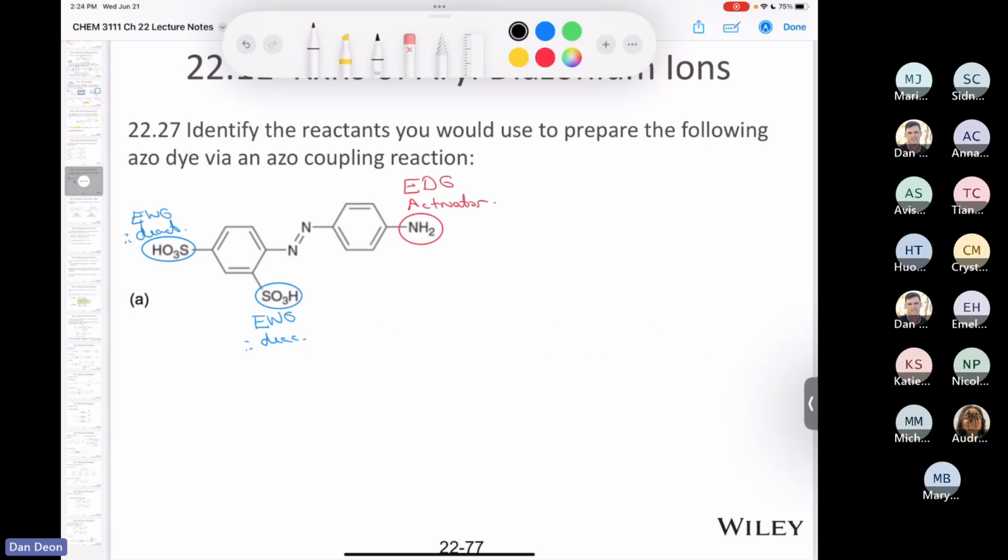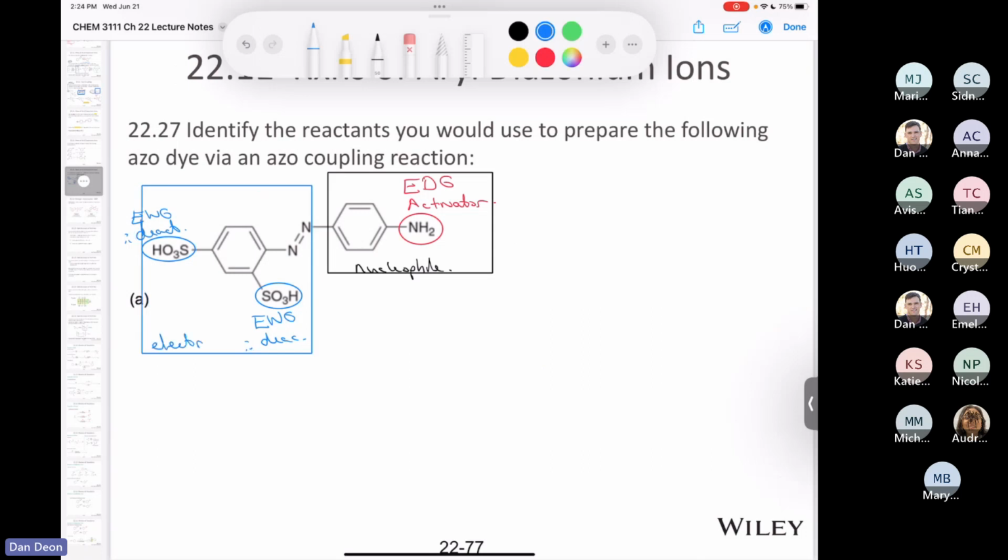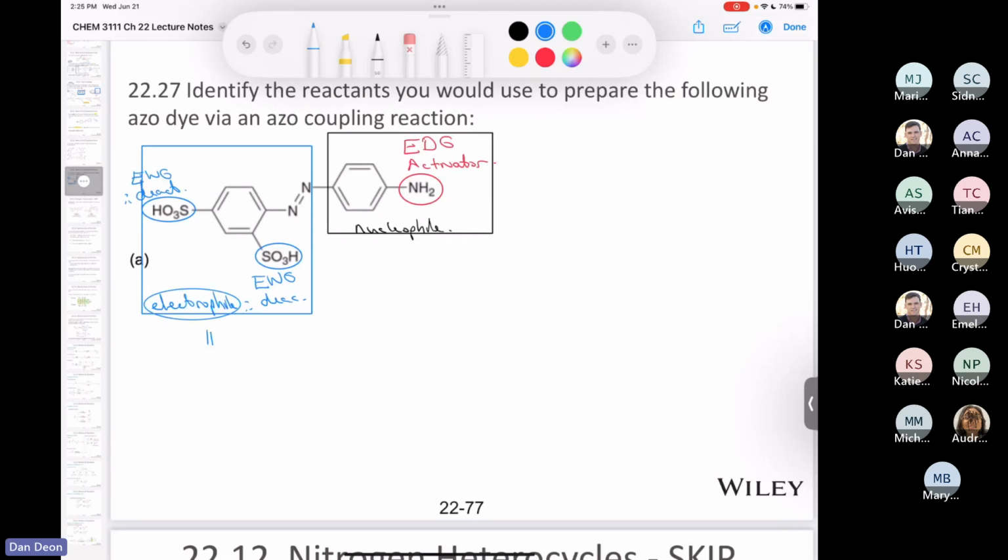The part that has the activator on it is going to be your nucleophile, and the part with the electron-withdrawing groups is going to be the part that makes your electrophile. If you want to draw the electrophile, it's going to look like this.